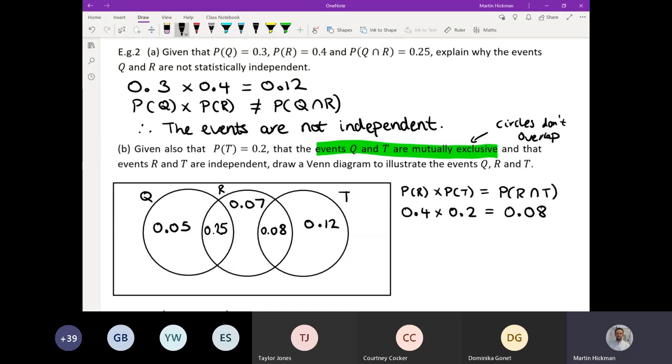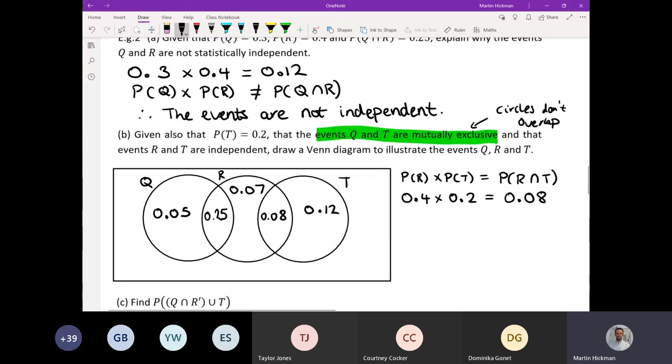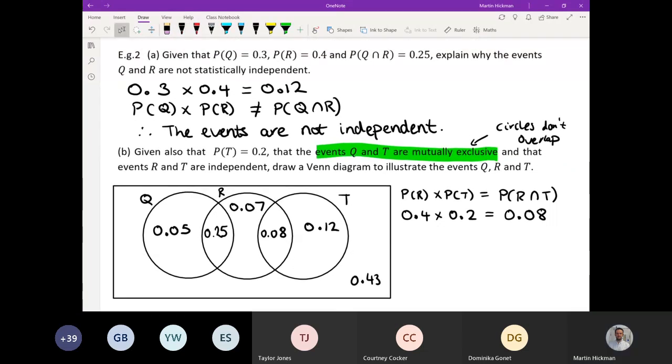The other thing I need to do is put a number on the outside: the probability that none of these three events are happening. I simply add up all of these numbers and take them away from 1, which gives 0.43. And with that, my Venn diagram is now complete.